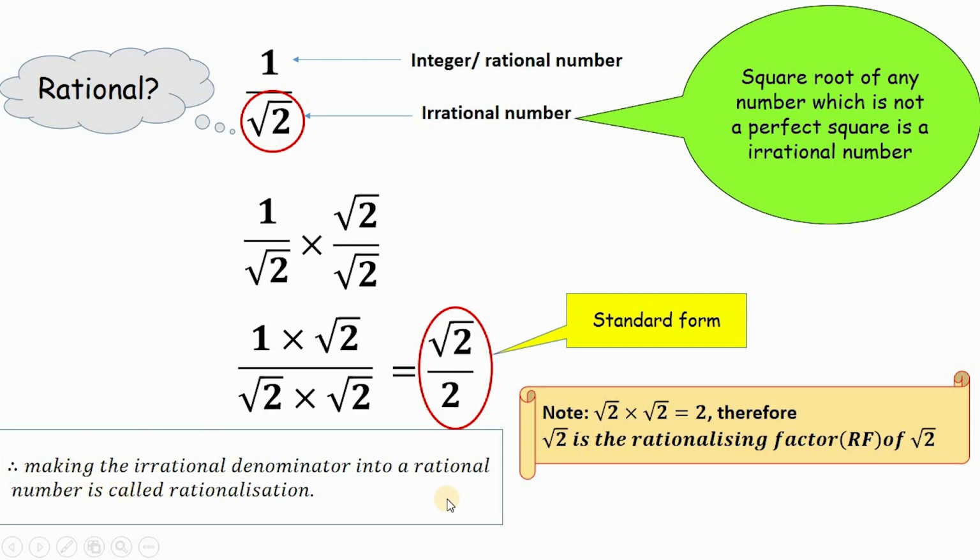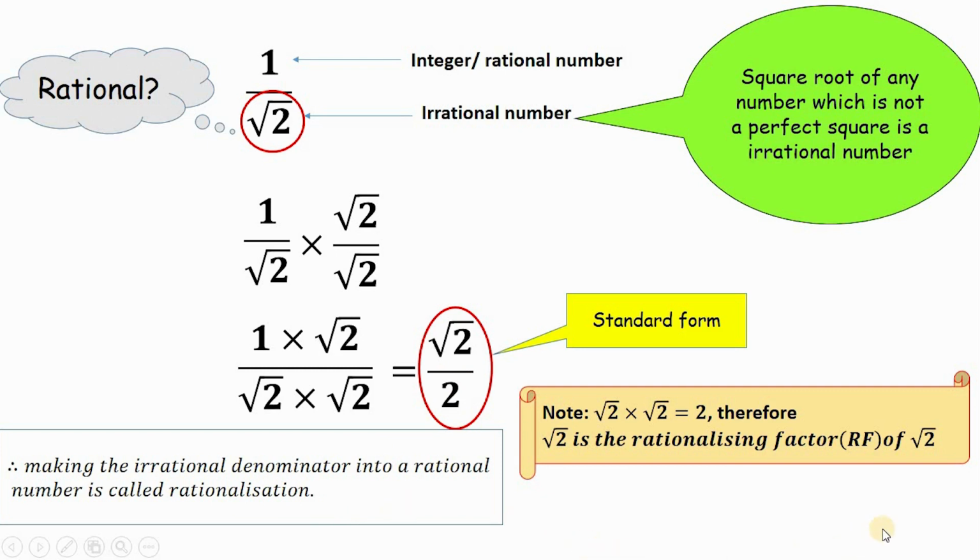And a very important thing is why we need to rationalize a number. Why we cannot leave it as it is. Because in the standard form of a number, the denominator should be a rational number. Otherwise, it is not called a standard form. Therefore, to make the number in the standard form, it is very important to rationalize it.